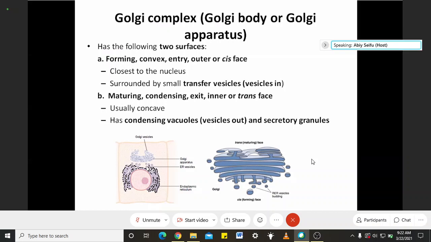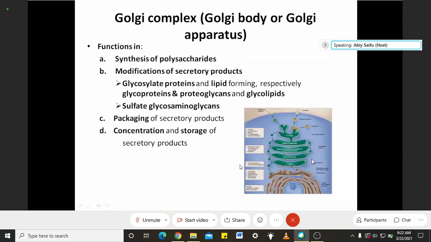So this Golgi apparatus has therefore two surfaces, receiving surface and an outer surface. Why does this Golgi apparatus receive and then afterward sends?